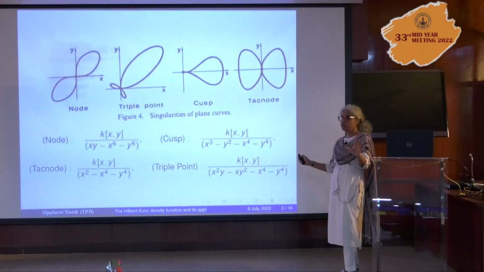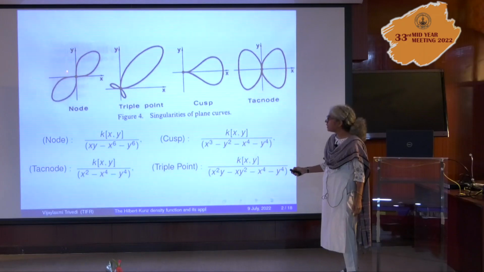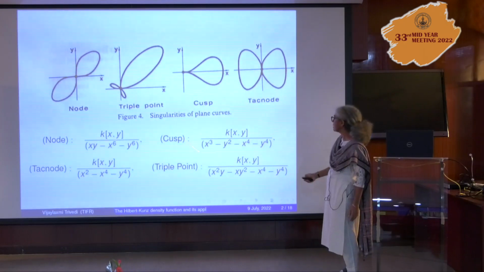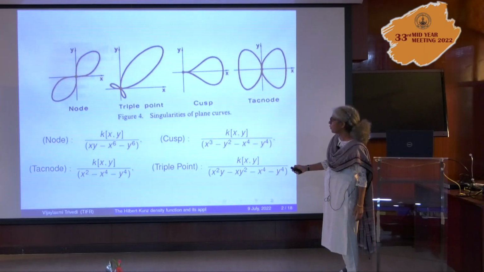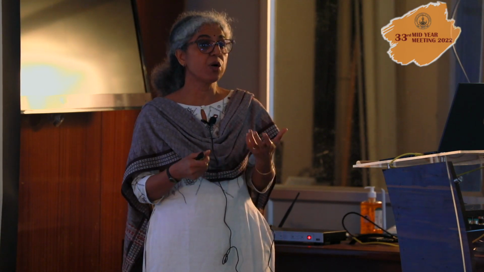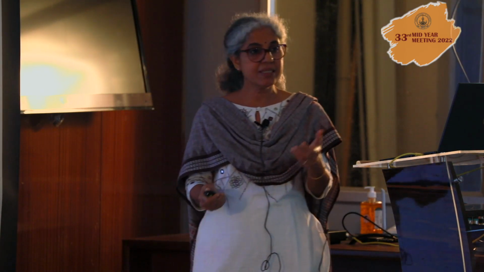E_0 is always greater than or equal to 1. But at this point my answer will be 2. Similarly, at this point, which is a triple point, e_0 is 3, but at all other points it is going to be 1. The higher the multiplicity, the more complicated the singularity is going to be. So this is a numerical invariant exactly measuring it.